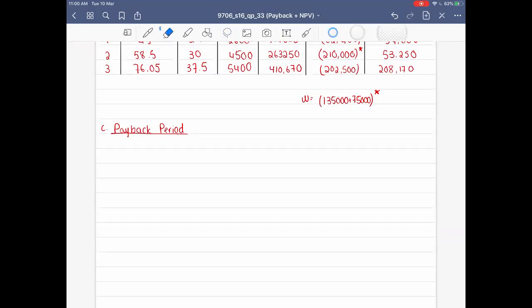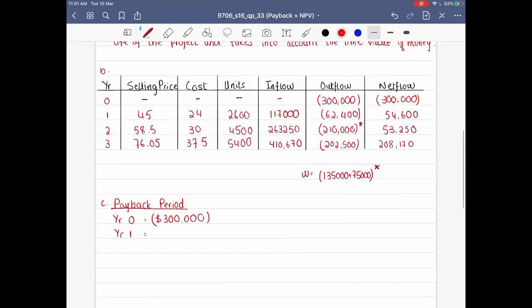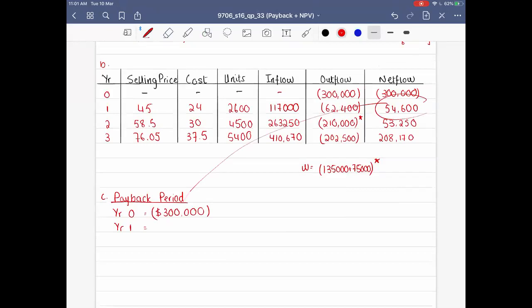Year 0, 300,000. Outflows में आएगा ये. Bracket. Year 1. Net flow. What is year 1 का net flow, guys? Year 1 में our net flow is 54,600.